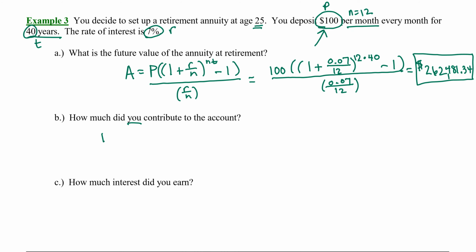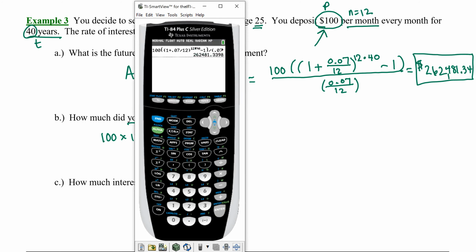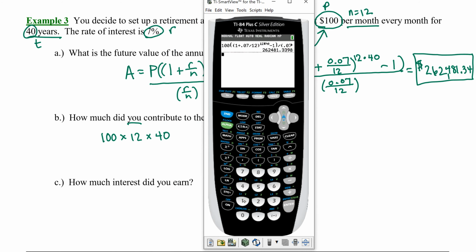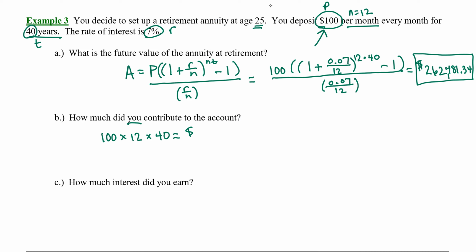You deposited $100 per month. That's 12 times per year, and you did this for 40 years, faithfully for 40 years. Or maybe it was just an automatic draft from your account. $100 a month, 12 times a year for 40 years. You deposited $48,000 into the account.